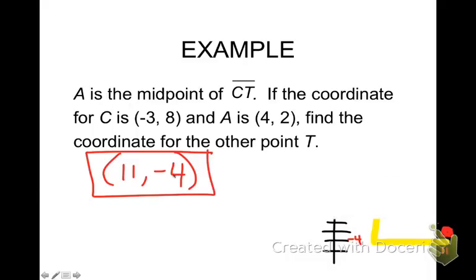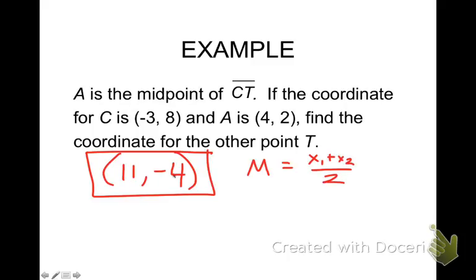So the second option, if you don't like that, would be to set up your equation. Okay? Now let's think about this. We said to find the x-coordinate of our midpoint, we add our x's together and divide by 2. That would get me my x-coordinate of my midpoint. Yeah?